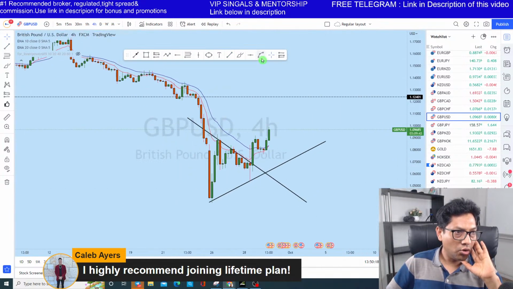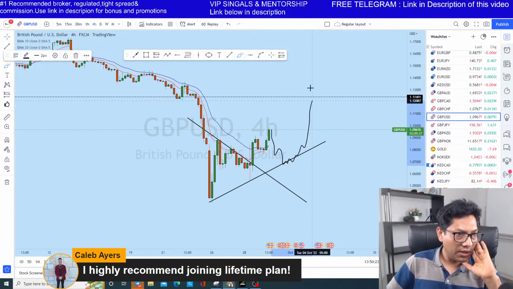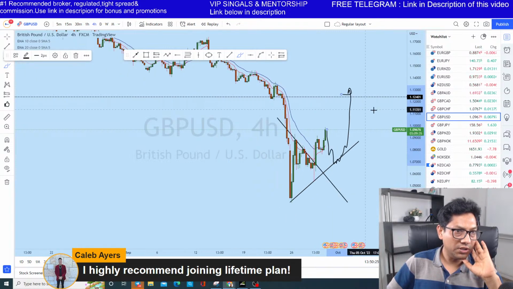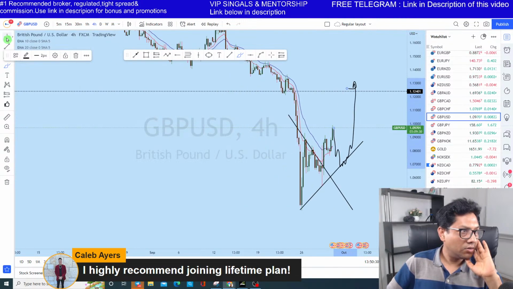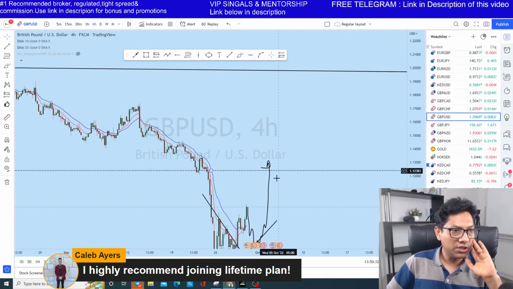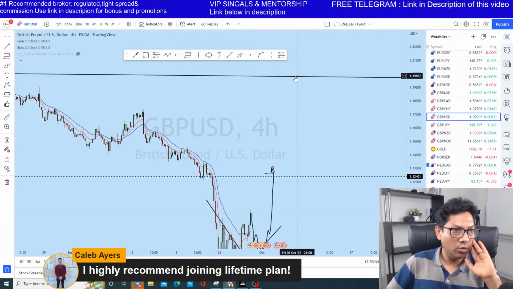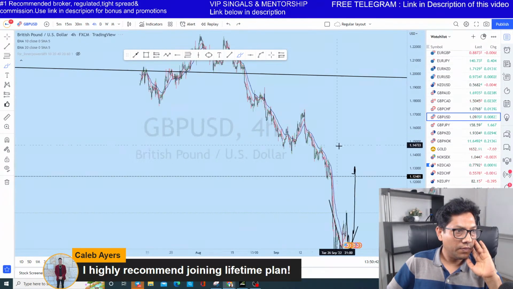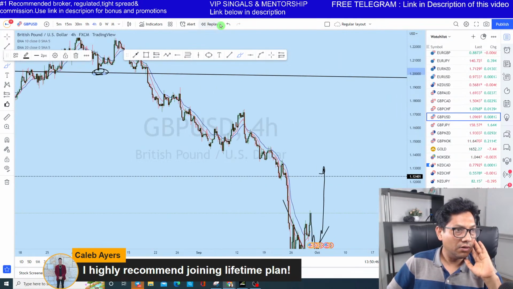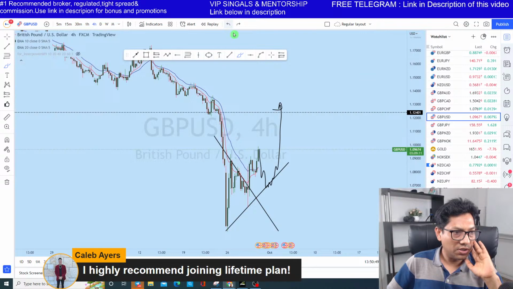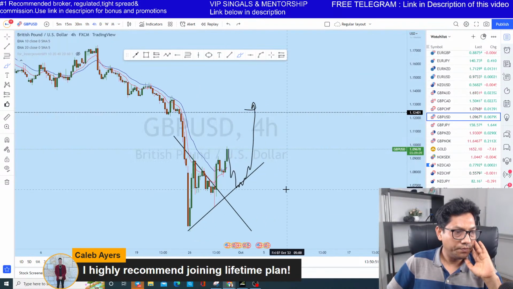Then we could potentially see some bullish move, and in that case we could see something like this and then going here, which is the main zone, main reversion, the neckline of this zone. It's a big move if it happens. It could happen because the price came to a very important zone.